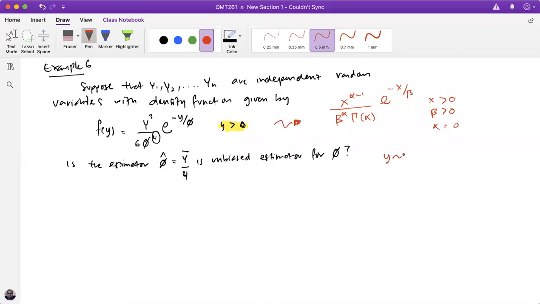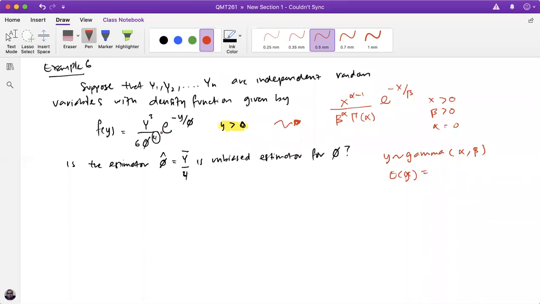When y has a gamma distribution with parameters alpha and beta, the expected value of y for this distribution is alpha beta.